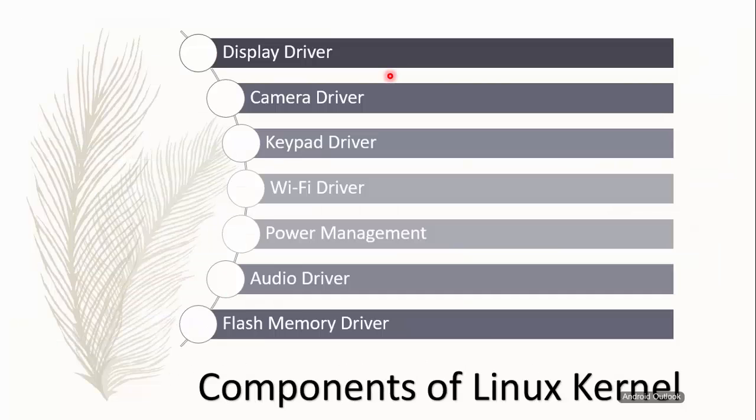The Linux kernel is the main software program of the Linux operating system, which is responsible for communicating application programs with hardware components. It is the first program that loads up on startup. Its functions include memory management, device driver management, networking, security, system calls, and many other fundamental operations.